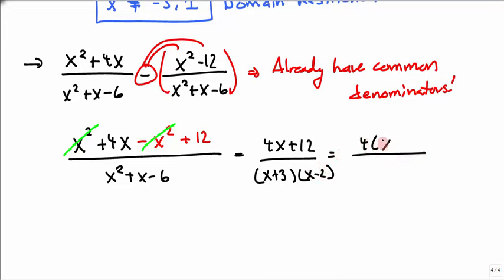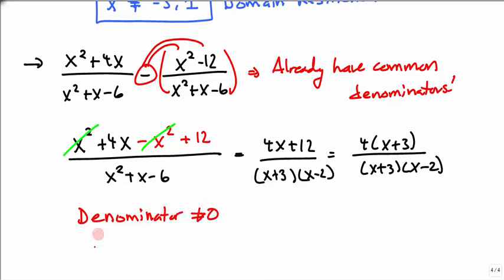Okay, now remember our job here is to simplify completely. Now before I start canceling though, I need to find my domain restrictions. So again, the denominator cannot equal 0. And our denominator in this case, again, I do this before I start factoring.